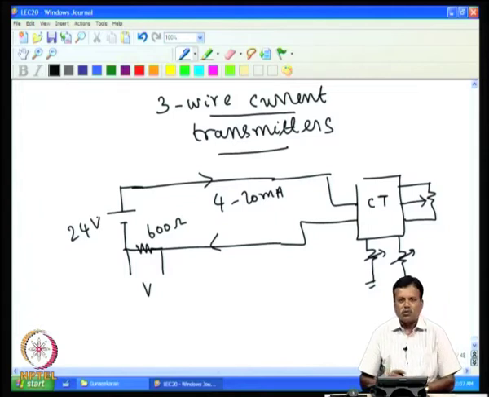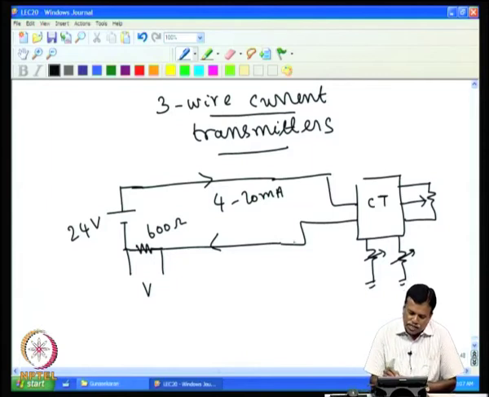This is called a 2-wire current transmitter, because we are using only 2 wires which carry both the power and the signal back as well. This is quite popular, but the accuracy achievable is only about 1%, because the current flowing here should be affected only by the measured quantity, and temperature change etc. of this circuit should not contribute any current in this circuit.